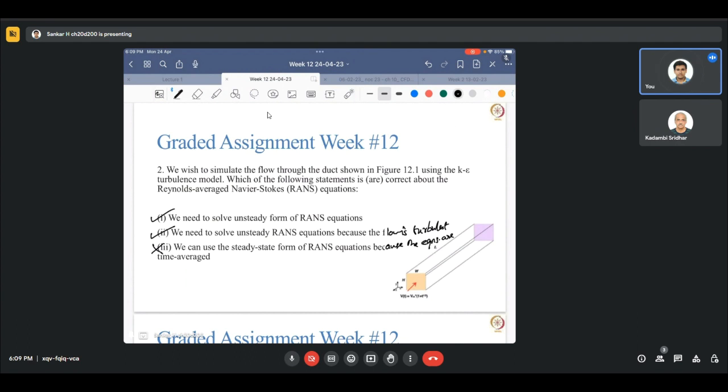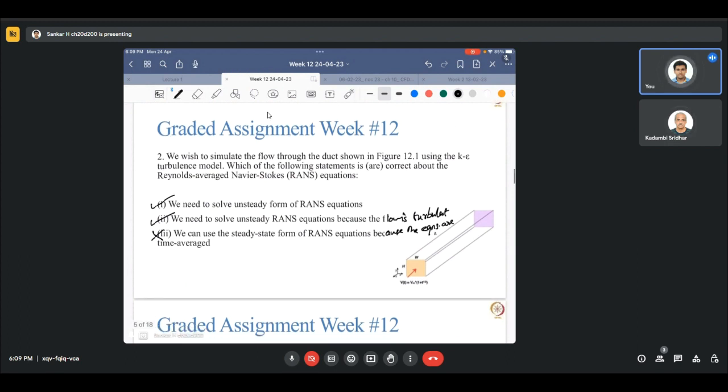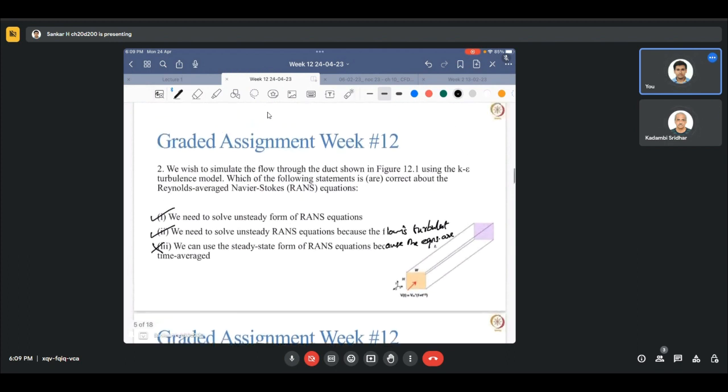One is the continuity, second is the x momentum, third would be the y momentum, fourth would be the z momentum. Since we are using a K epsilon model, we have to solve each of them now. K is known as the turbulent kinetic energy, and the last one, epsilon, is the turbulent kinetic energy dissipation rate.